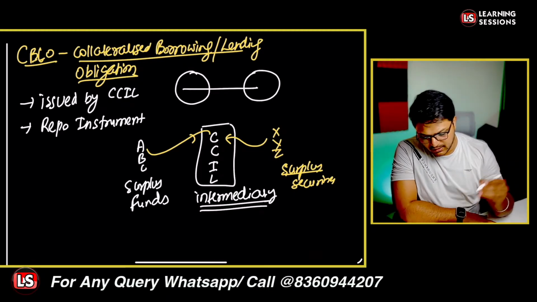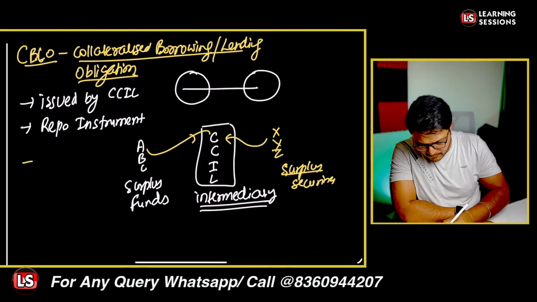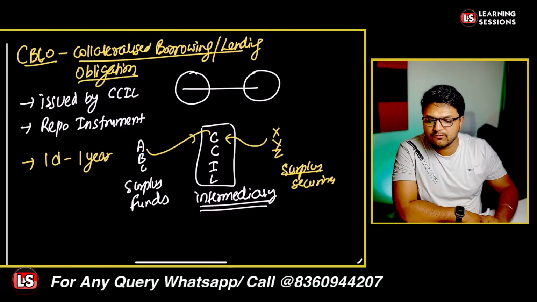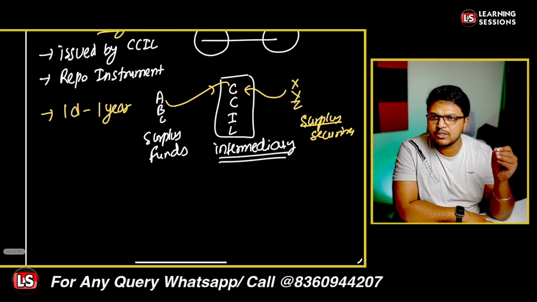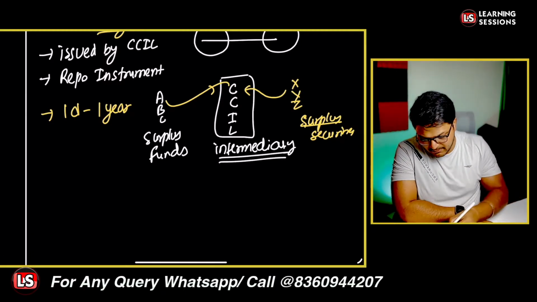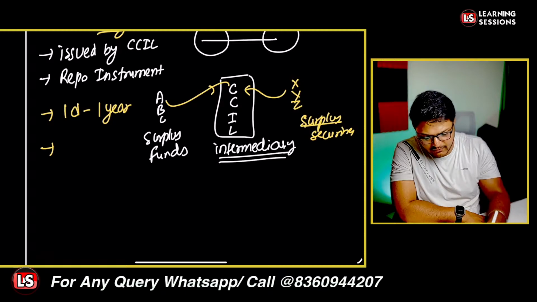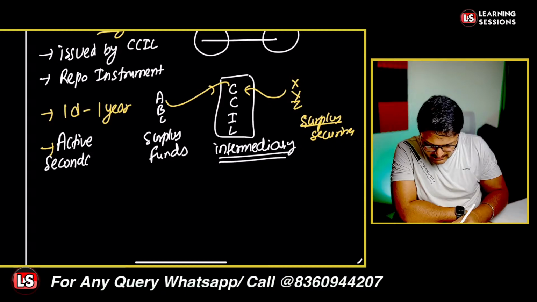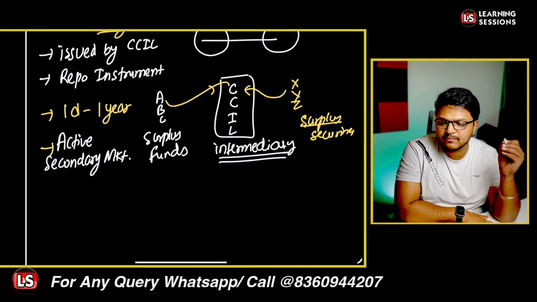The term of CBLO ranges from 1 day to 1 year, because it's a money market instrument. As I told you, CCIL will be acting as an intermediary, and CBLO also has an active secondary market. Is that clear?